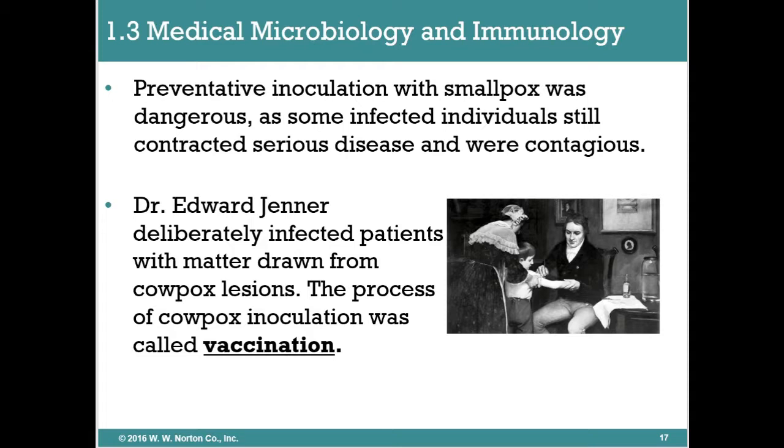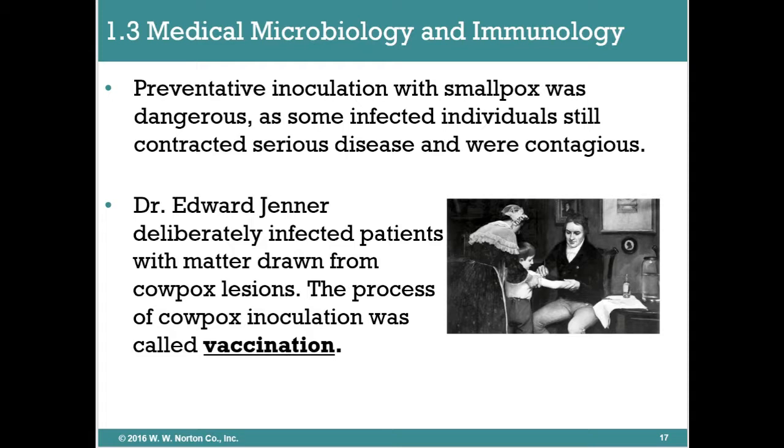Although it did dramatically decrease cases, we'll talk more about how this was further evolved into a safer version. What we have today is a very safe way of inoculating us against diseases, whereas back then they didn't know the things that we know, but it was still very good.